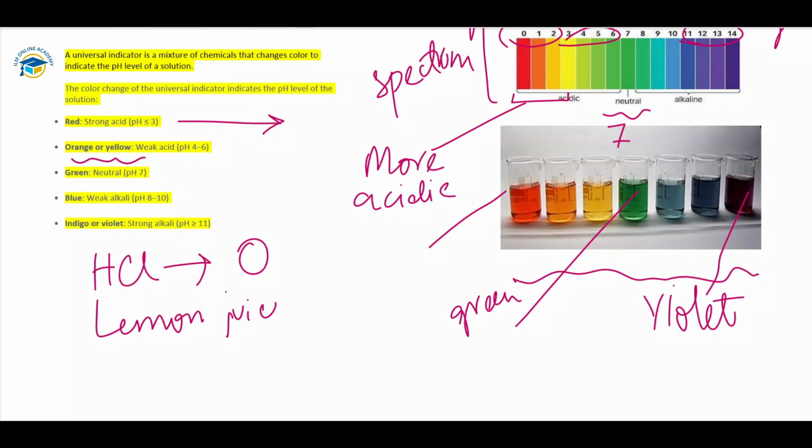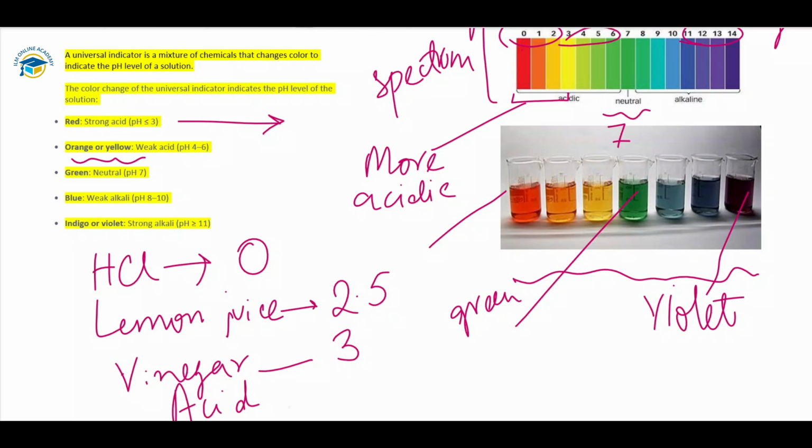Lemon juice has citric acid, so it has a pH of 2.5. We have vinegar, which contains acetic acid. It has a pH of 3, and acid rain, which contains nitric acid or sulfuric acid, has a pH of 4.4.